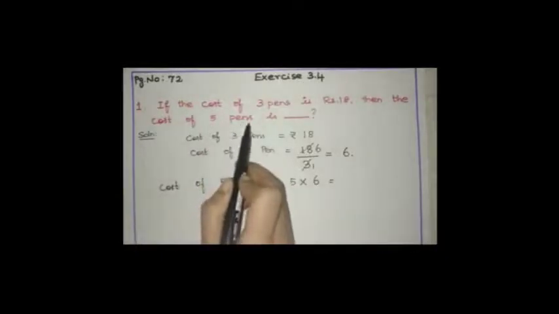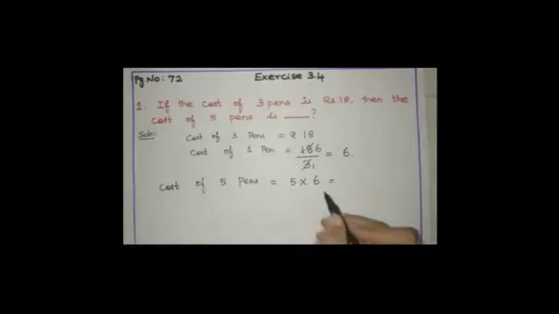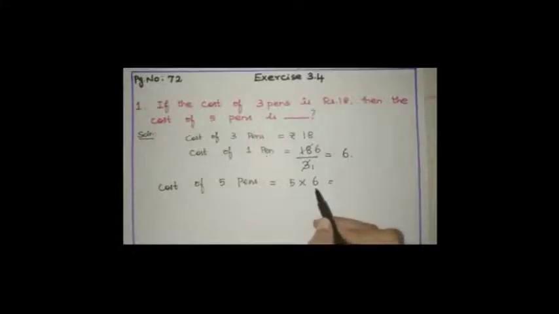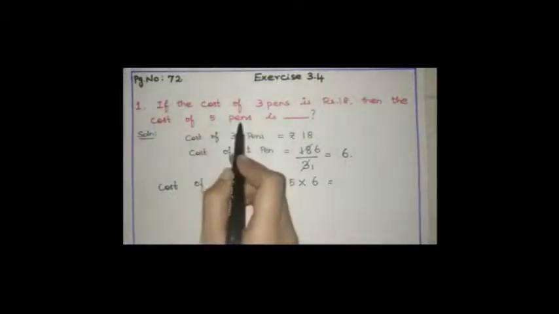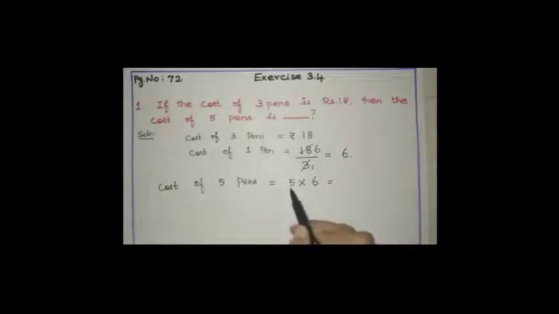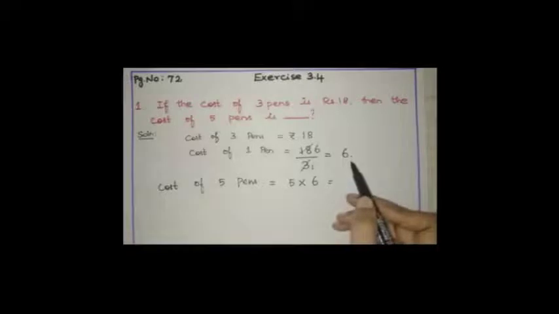What is the third step? You have to multiply cost of 1 unit with the amount of required units. So we need to find the cost of 5 pens. So I am multiplying 5 with 6 because cost of 1 pen is 6.